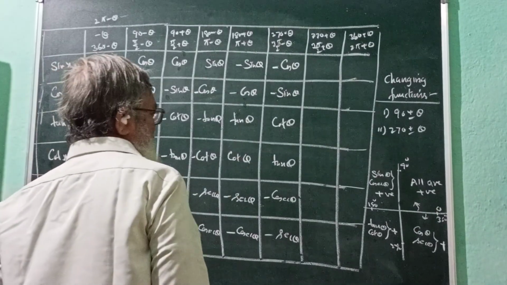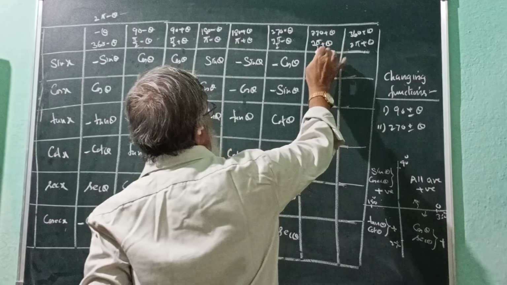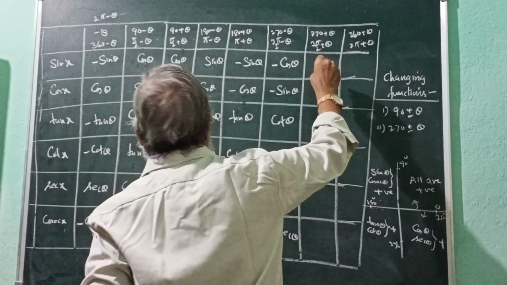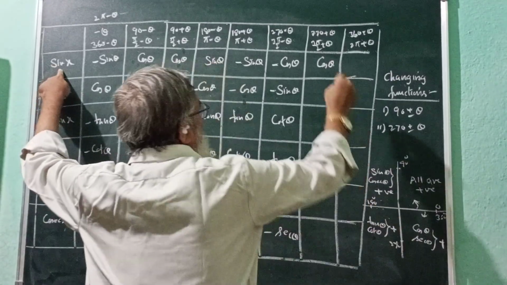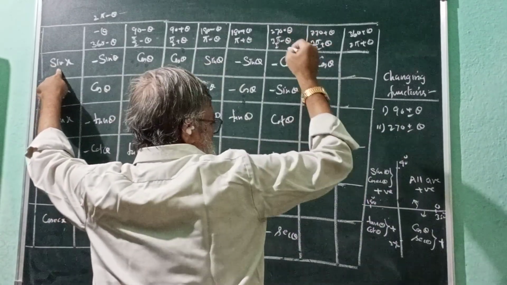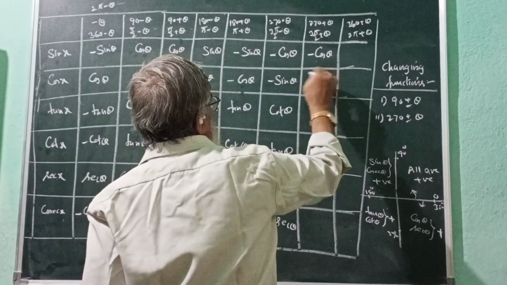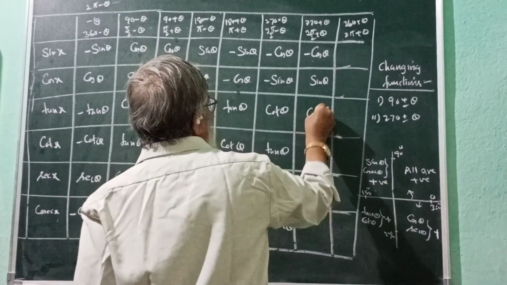And 270 plus theta, then the last, the fourth quadrant. Sine will become cos, as it is a changing angle. And here in the fourth quadrant, the value of sine must be negative. Cos will become sine. And cos is positive. Tan will become cot.